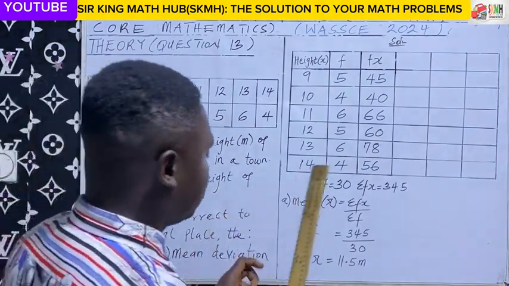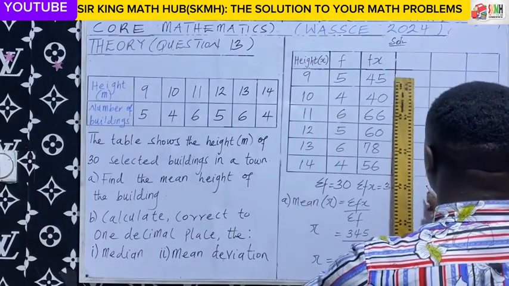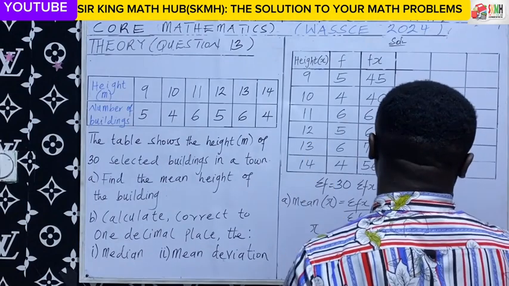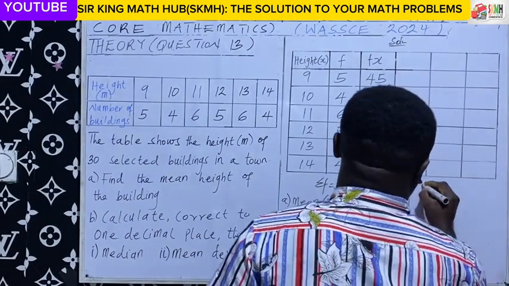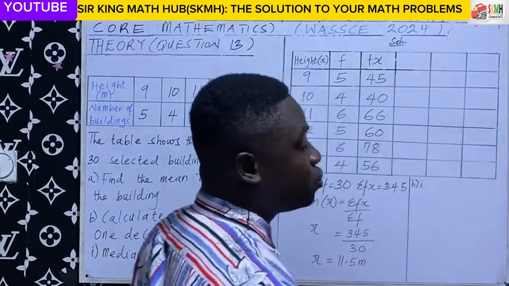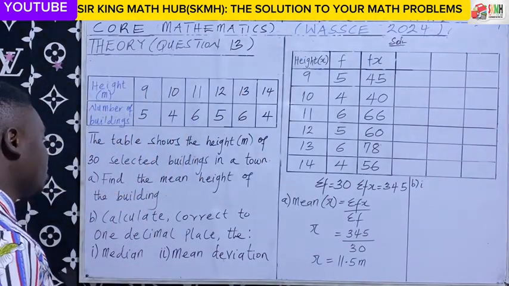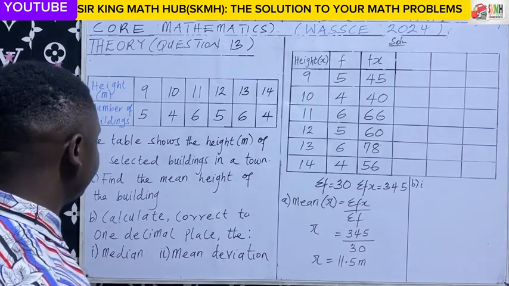Now B. For B, we have two sub-questions, BI and BII. So let's start with BI.